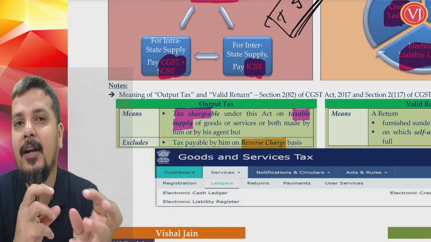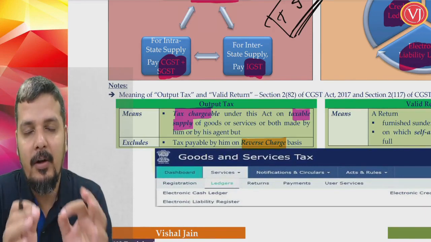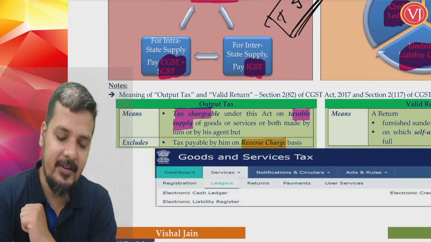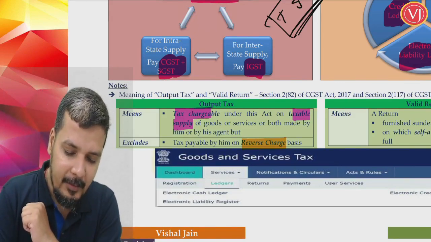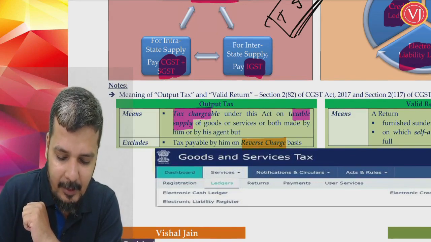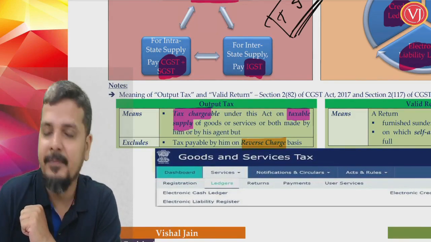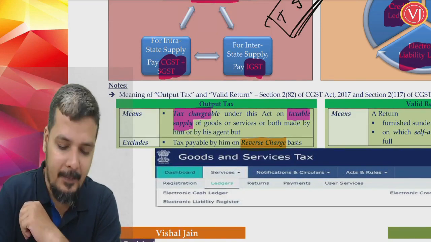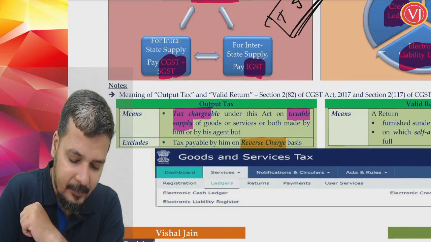Basically, when we are seeing your credit ledger being used, what is your output tax? Output tax means tax chargeable on your outward taxable supply. But it will not include tax that you are paying on your inward supply, because when you are paying under the reverse charge mechanism, you are paying on inward supply.